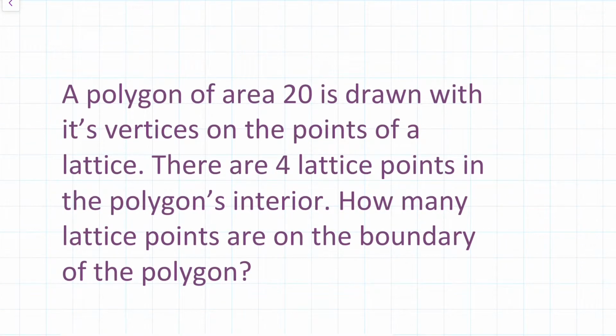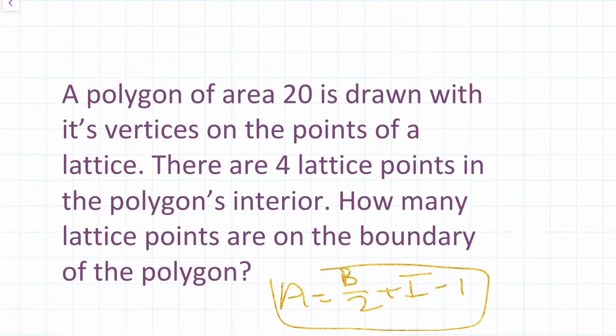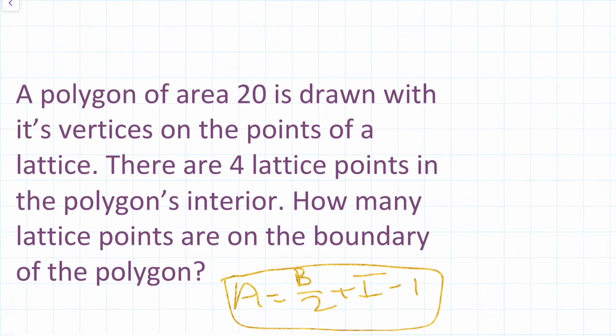Okay, so a polygon of area 20 is drawn with its vertices on the points of a lattice. There are 4 lattice points in the polygon's interior. How many lattice points are on the boundary of the polygon? So you can write down the formula again. We know the area again is 20.